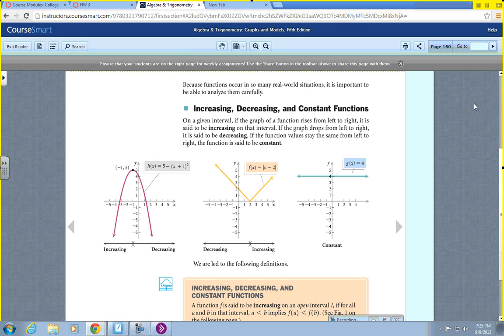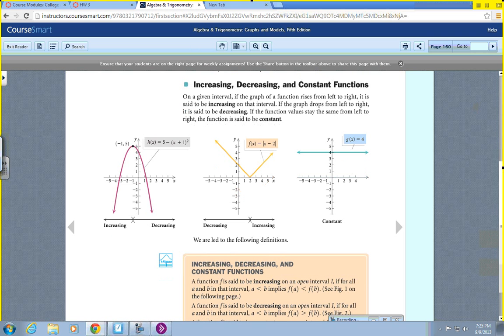There's a definition on the bottom of that page. I really don't want to write that down, it's there. The next example is decreasing at first, then increasing, while this one stays constant, so it neither increases nor decreases. Do those definitions make sense? In college algebra, we'll just look at the graph and recognize whether it's increasing or decreasing. We're not going to do any further analysis.